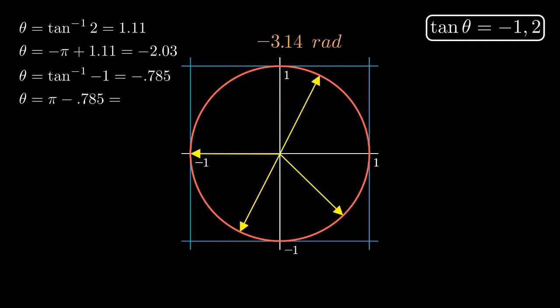So we're going to travel from negative pi in a counterclockwise direction, and we're going to be 0.785 short of pi, and this is what it looks like. Traveling in a counterclockwise direction, and we stop here, 0.785 short of pi, and that's where we get that fourth answer. All right, that's part A.